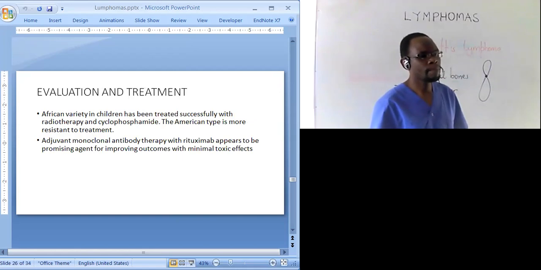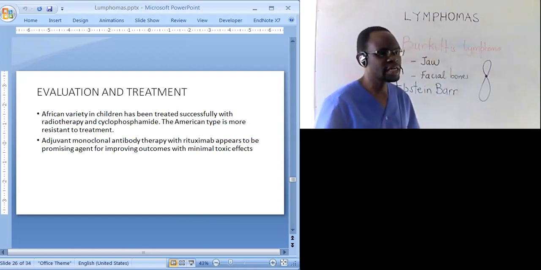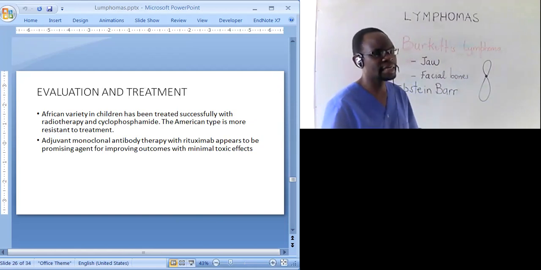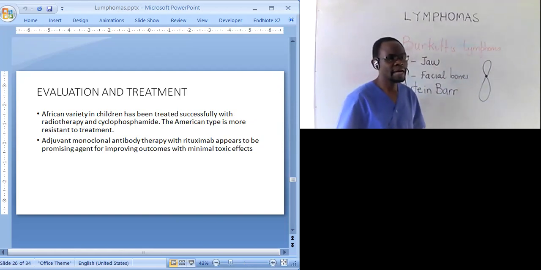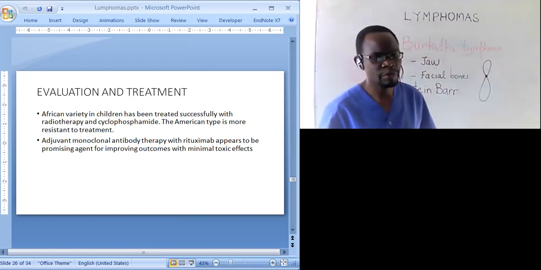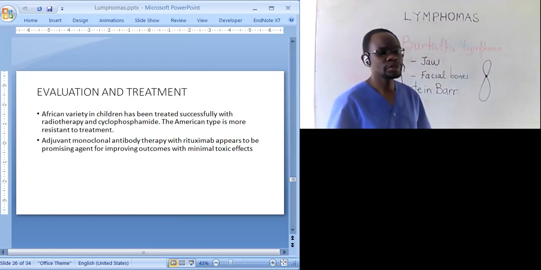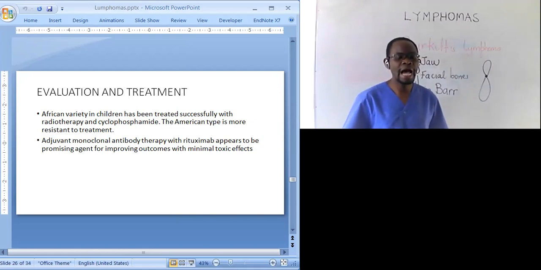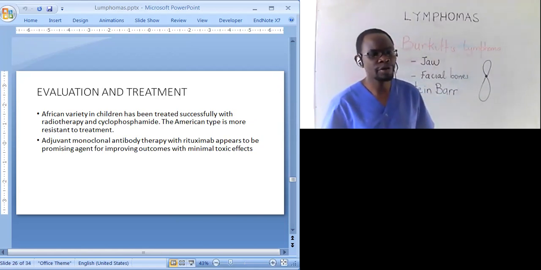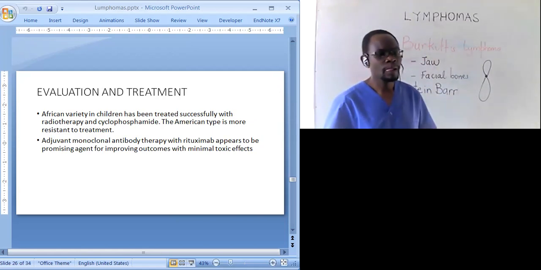Children are usually treated very well with cyclophosphamide. It responds very well to chemotherapy, specifically cyclophosphamide, and radiotherapy.